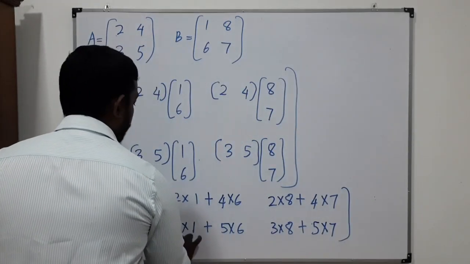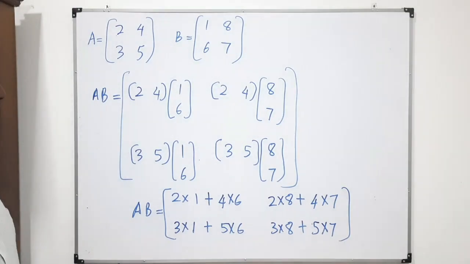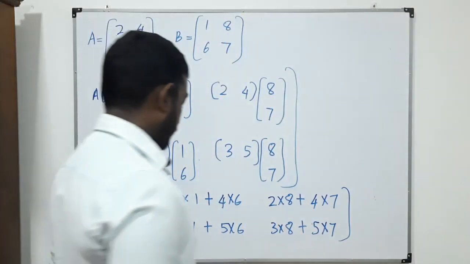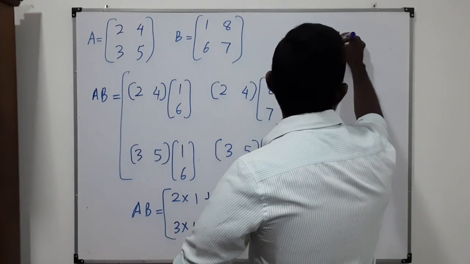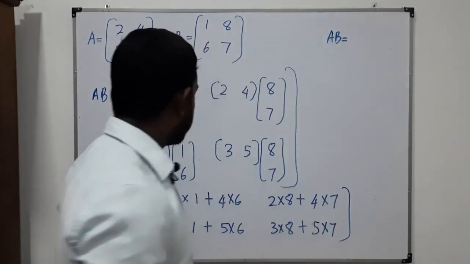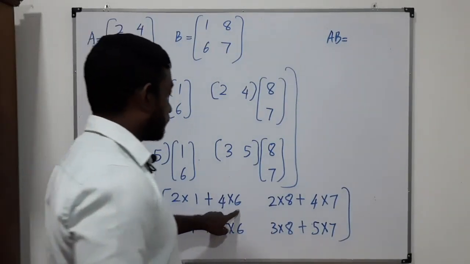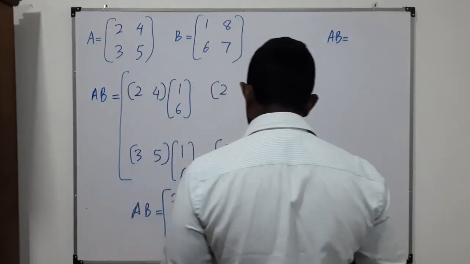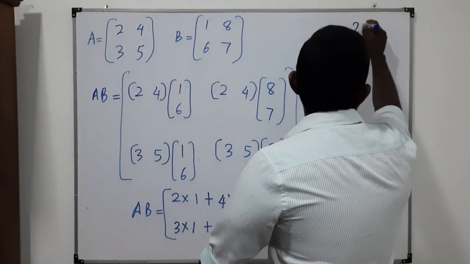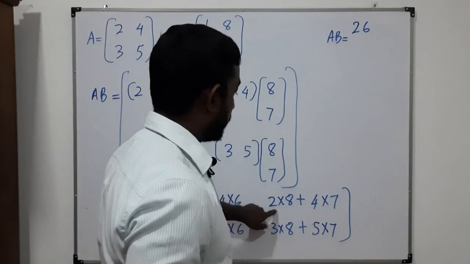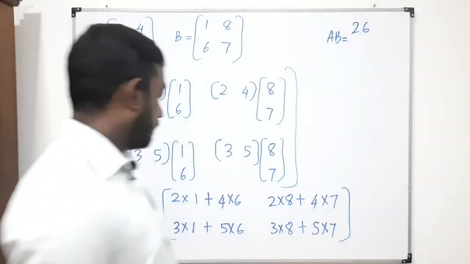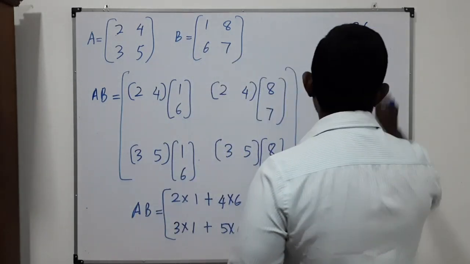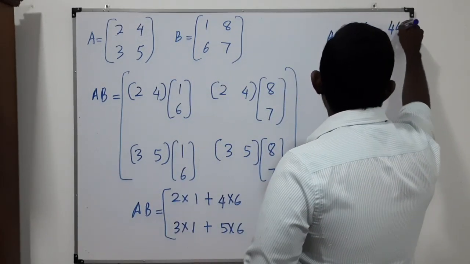Now we can write down the answer for the final stage as AB. 2 times 1 is 2, 4 times 6 is 24, with that 26 I can write. Then 2 times 8 is 16, 4 times 7 is 28, then 28 plus 16 I can write as 44.